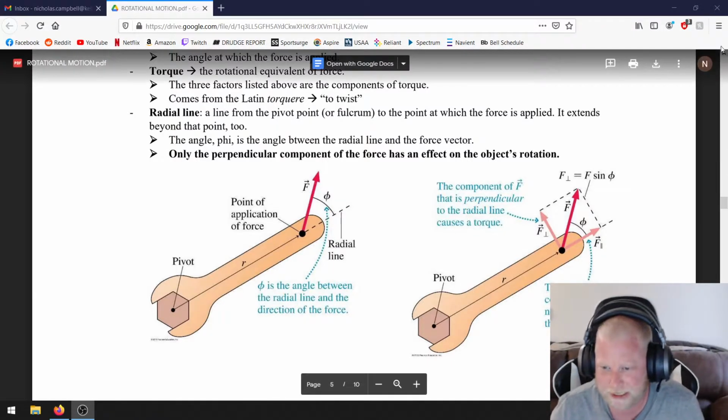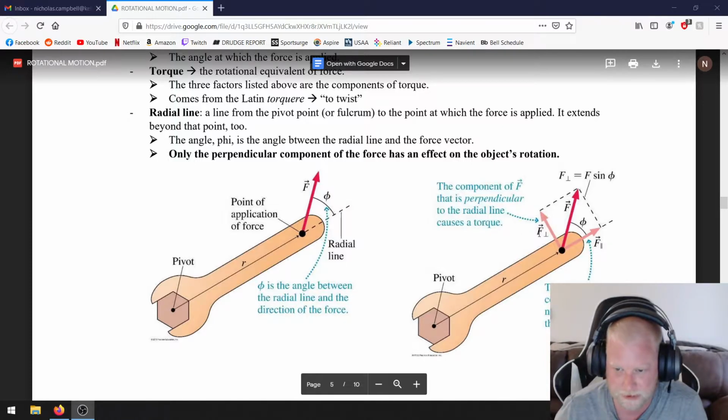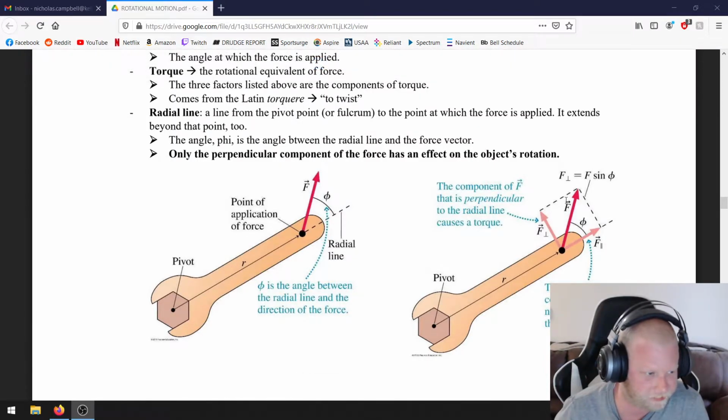So if you break it down into F perpendicular and F parallel, well, the only portion of this force that is contributing to the rotation of the wrench itself is going to be that perpendicular component of force, right?